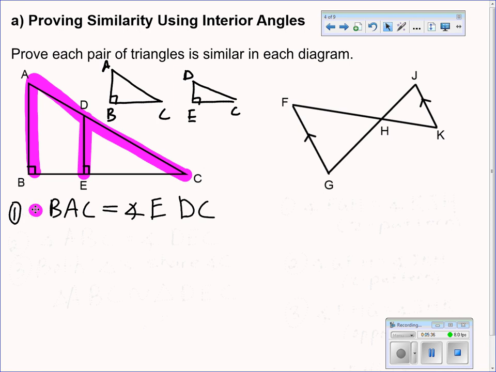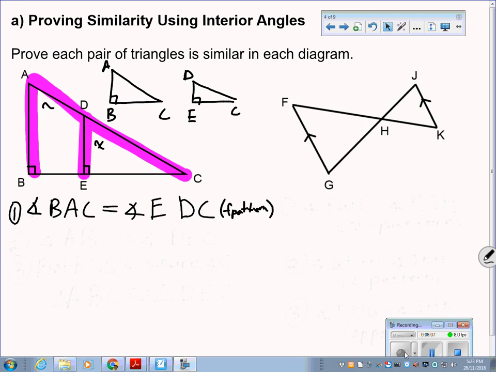Angle BAC is equal to angle BDC. The reason that is true is because of the F pattern that happens here and here. We have those two X's being identical, and we justify it by writing the fact that we have an F pattern.